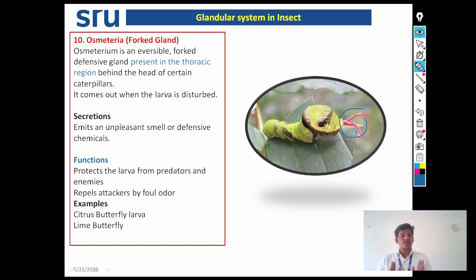It comes out when the larva is disturbed. These glands emit an unpleasant smell or defensive chemical that protects the larvae from predators and natural enemies, repelling attackers by foul smell. We can see osmeterium in citrus butterfly larvae and in lime butterfly larvae.